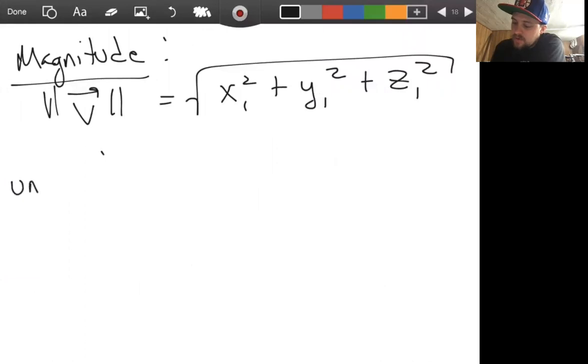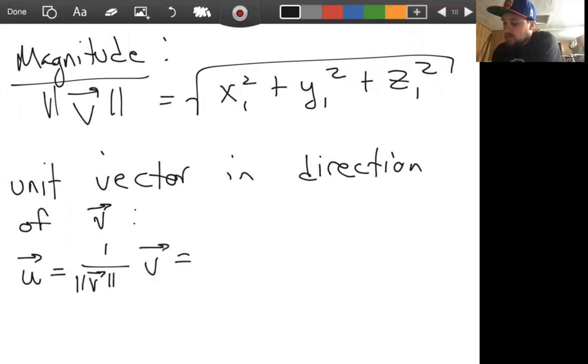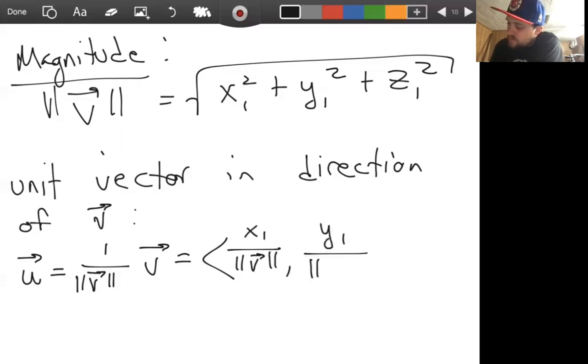And then a unit vector in the direction of v is as follows. We say u is 1 over the magnitude of v times v, which, if you will, is <x1 over the magnitude of v, y1 over the magnitude of v, z1 over the magnitude of v>.